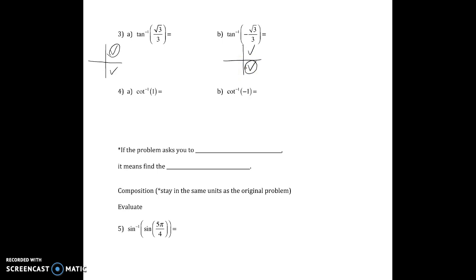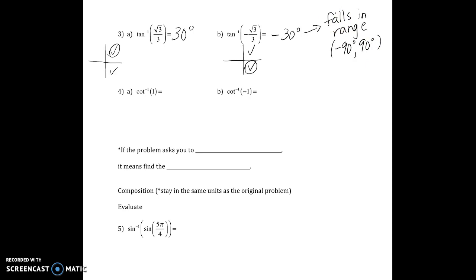Tangent inverse of root 3 over 3 is going to be 30 degrees. And then the other one will end up being negative 30. Negative 30 will be in the fourth quadrant. It falls between the range of negative 90 to 90. So that's your goal, to make sure you're falling in that range that represents those principal values.